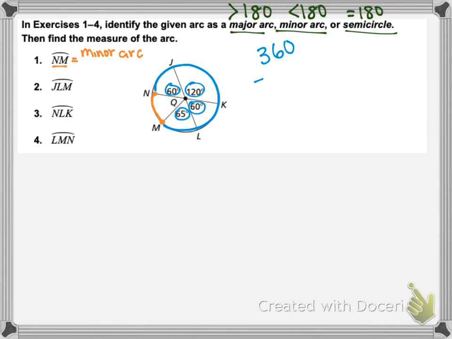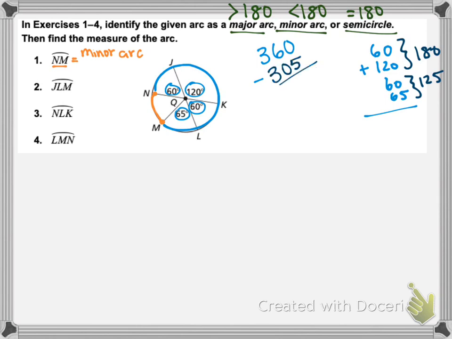So 60 and 120 and 60 and 65. I know these two make 180 and these two make 125. So that makes 305. We subtract, and that would make 55. So this missing piece is 55 degrees, which means the arc is also 55 degrees.